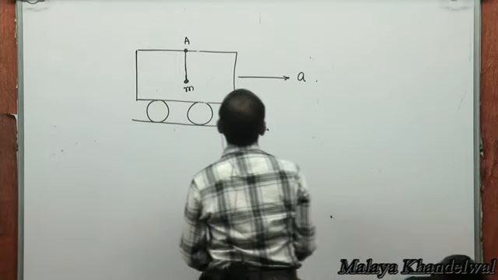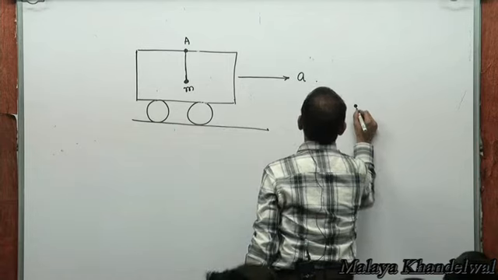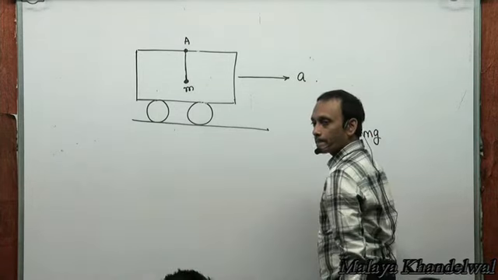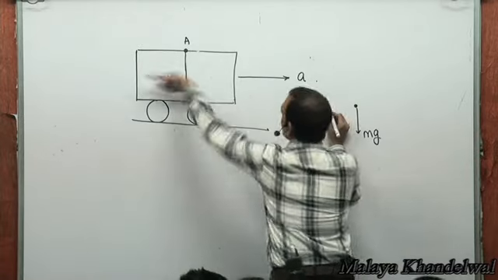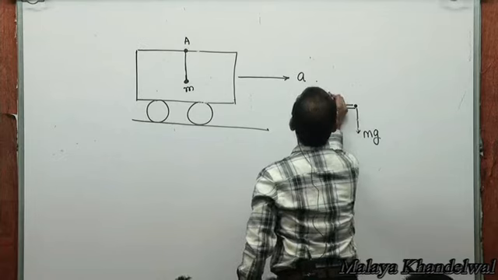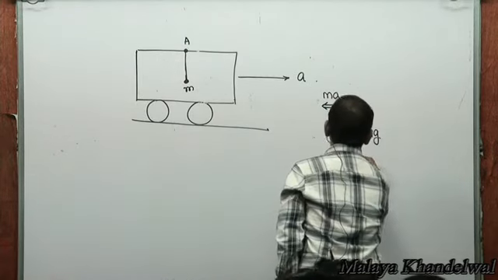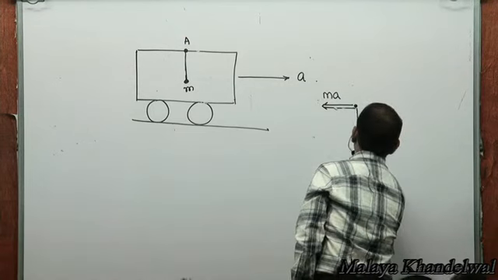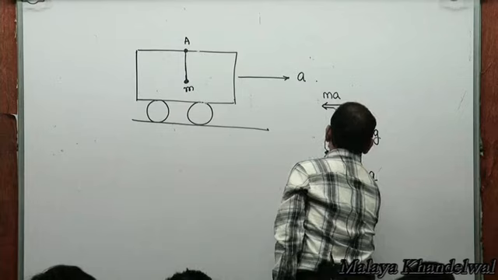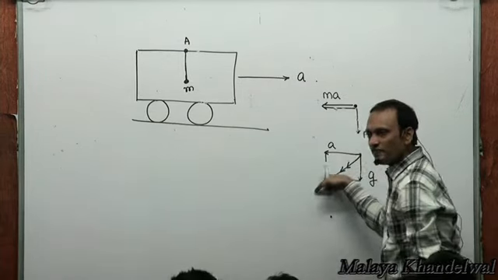Now very clearly, in a frame of reference attached to the trolley, there is mg acting downwards, right? And pseudo force ma acting leftwards. So the effective G would be the resultant of this G and this A. This will give me G effective.